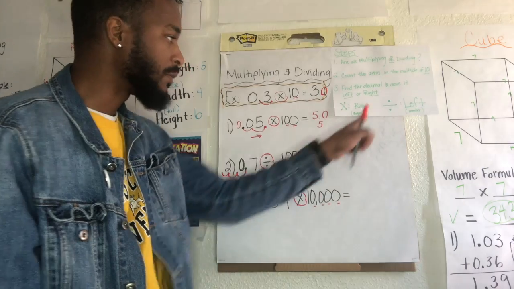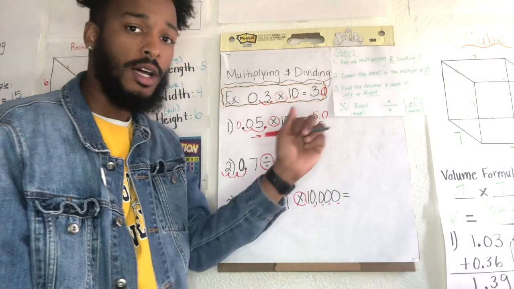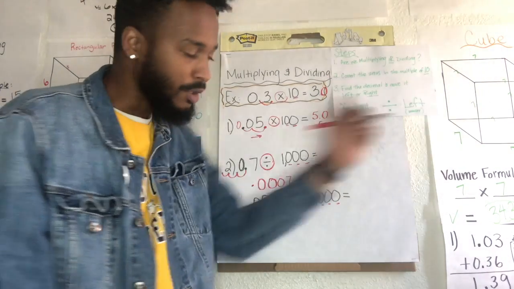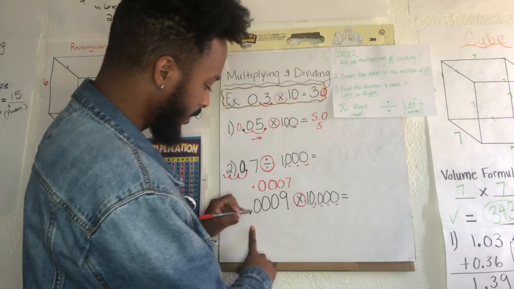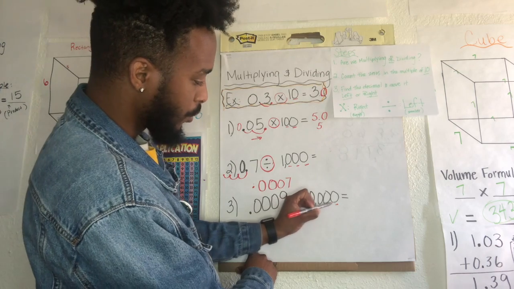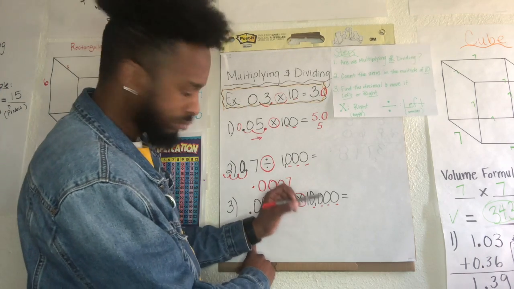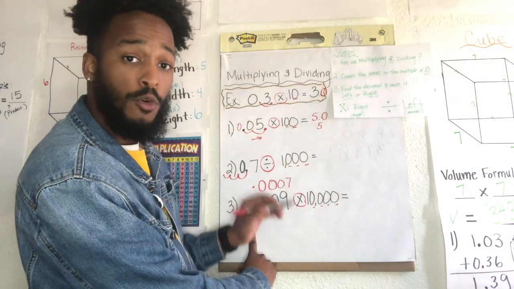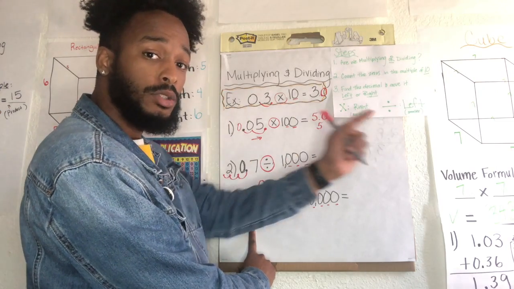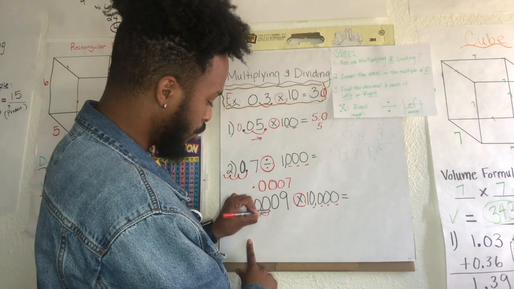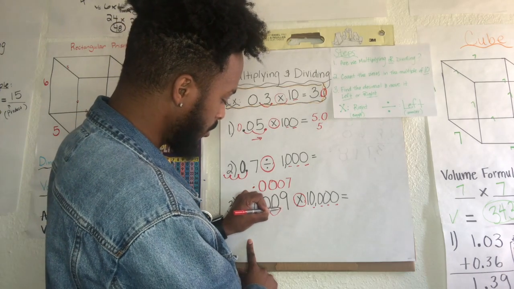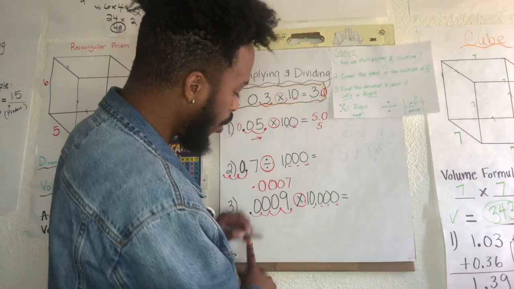Multiplication tells me I have to move the decimal to the right. So notice that there are 1, 2, 3, 4 zeros. So I have to move my decimal point 4 places to the right. Let's do it. Count with me. 1, 2, 3, 4.